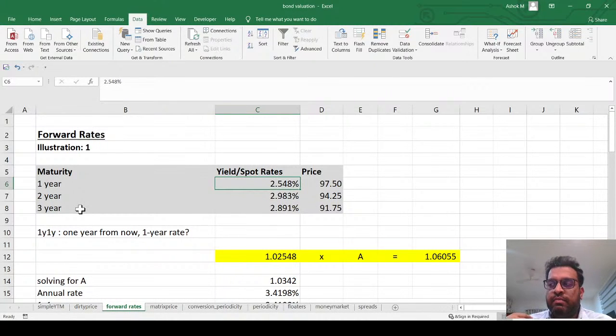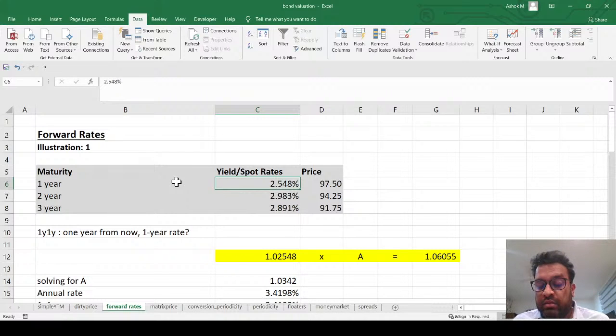If you were to loan me money, not now, but 1 year from now, for a 1 year duration, and we agree today on the rate, that is typical of a forward contract. I will sell you something in the future, 3 months down the line, but today we have to agree on the rate. A forward rate is very similar to that.